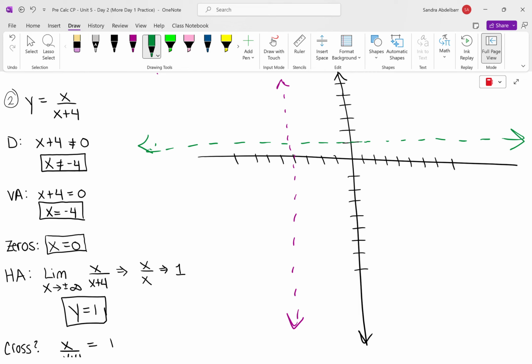But we have one more thing to plot here that we didn't have before. What else do we have this time? We have a zero. So that means we're going to cross the x-axis at 0.